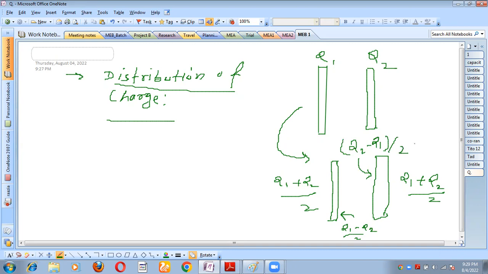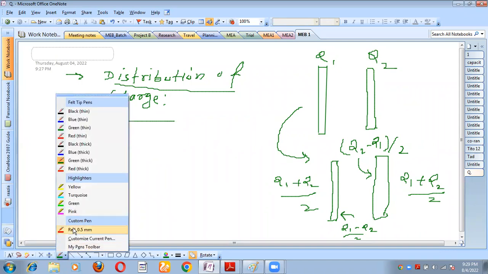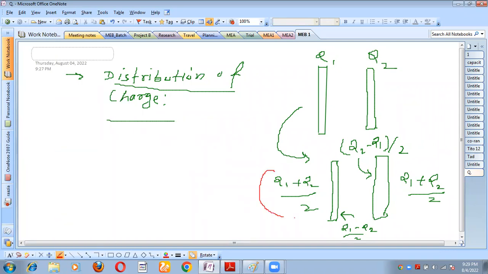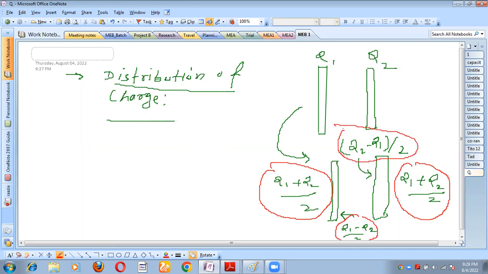When two plates having charges Q1 and Q2 are placed close to each other, charge gets redistributed. Charge on both outer surfaces is always equal, and on the inner surfaces charges are equal and opposite.